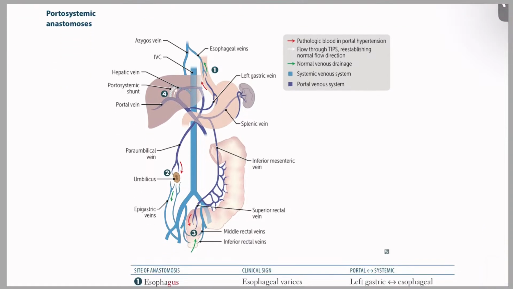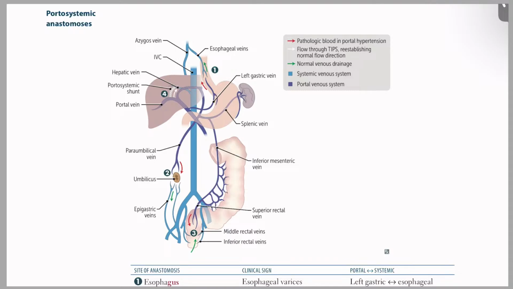Portosystemic anastomosis. Pathologic: blood in portal hypertension flows through these anastomoses, re-establishing normal flow direction. Normal venous drainage: systemic venous system, portal venous system. Esophageal vein, azygos vein, inferior vena cava. This is one.